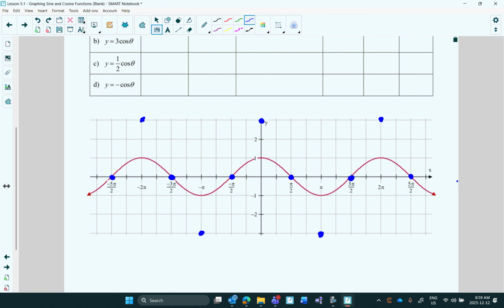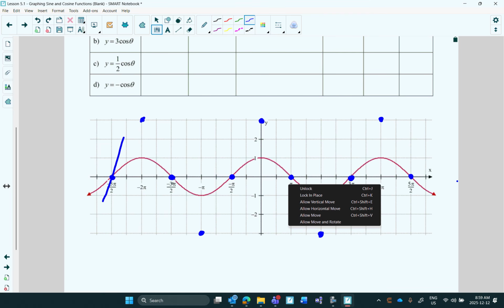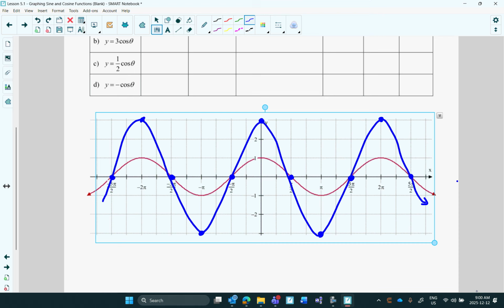And now just draw the wave. And that makes sense because it's been stretched 3 times as high and 3 times as low.